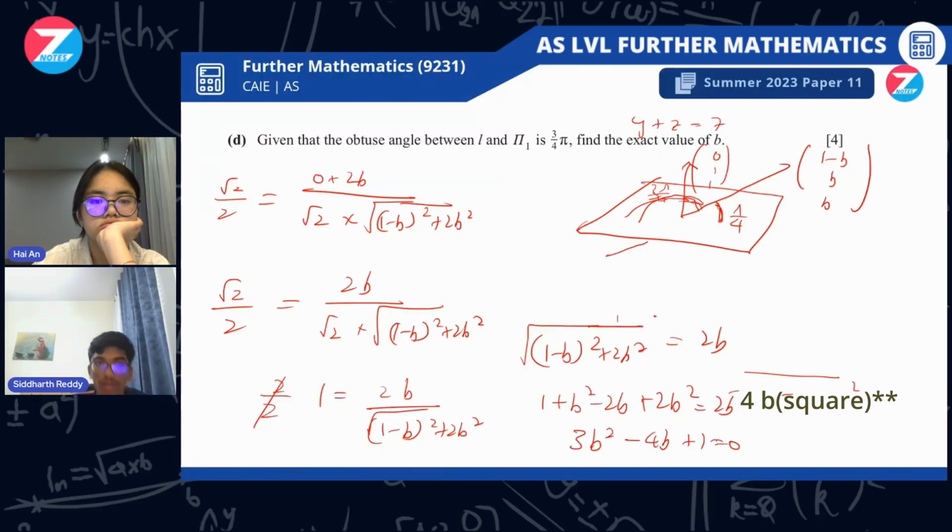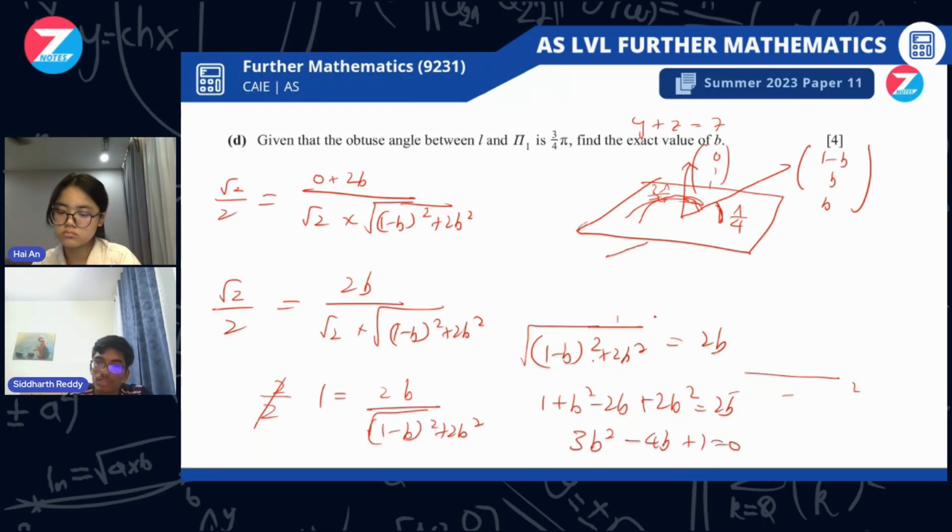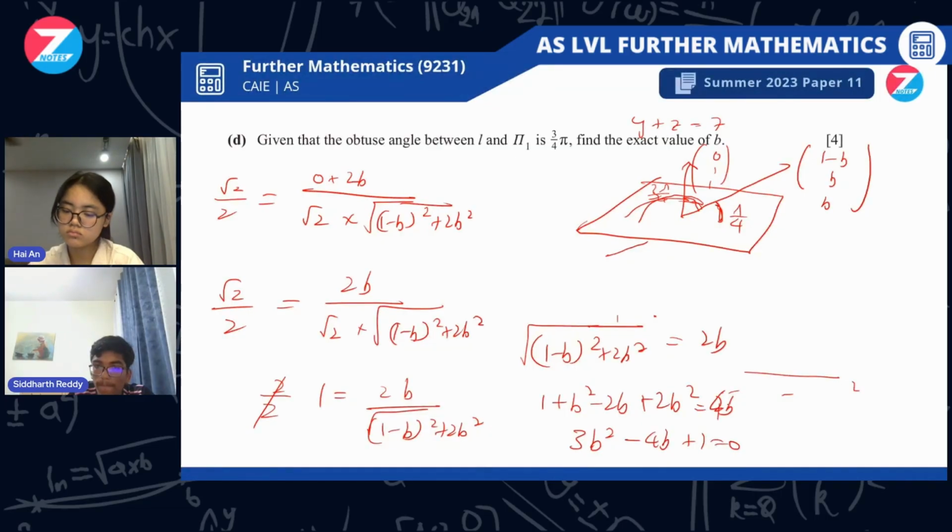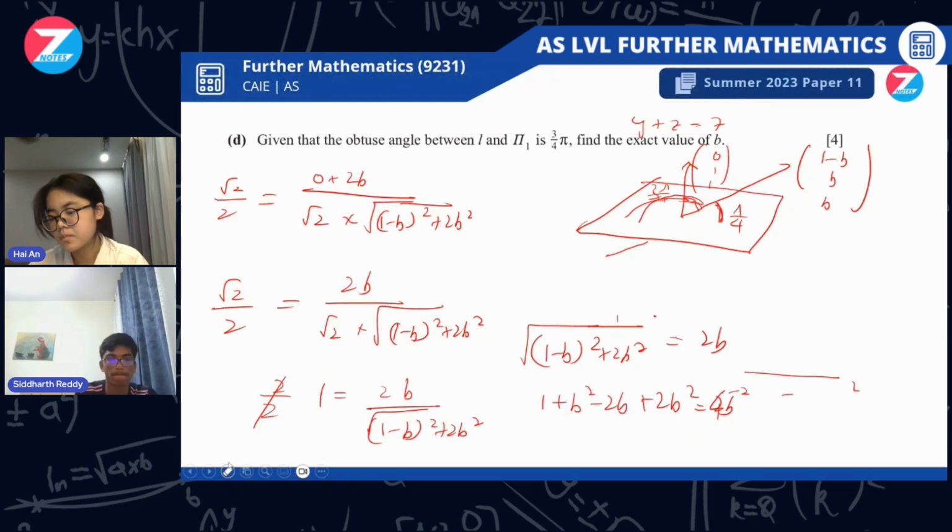Wait a second, something's gone wrong. Oh, this is 4b square. We squared both sides, remember? So it becomes 3b square minus 4b square, so that becomes minus b square minus 2b plus 1 is equal to 0.